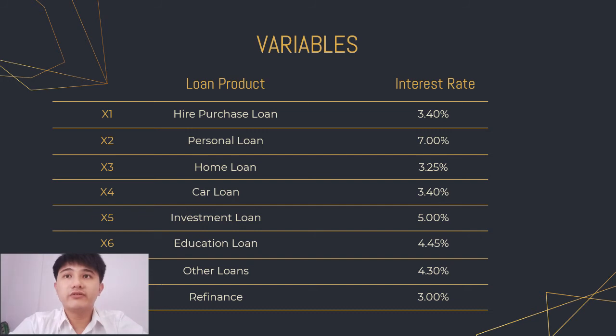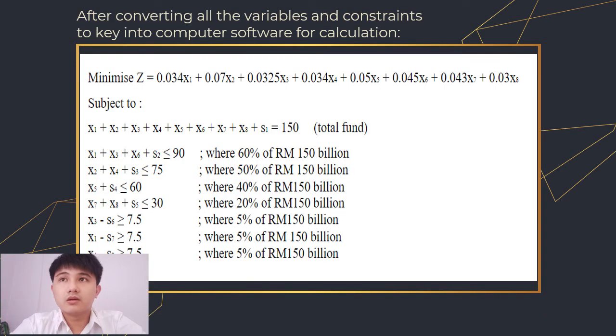And the interest rates for the loans are: hire purchase loan is 3.4%, personal loan is 7%, home loan is 3.25%, car loan is 3.4%, investment loan is 5%, educational loan is 4.45%, other loans is 4.3%, refinance is 3%.